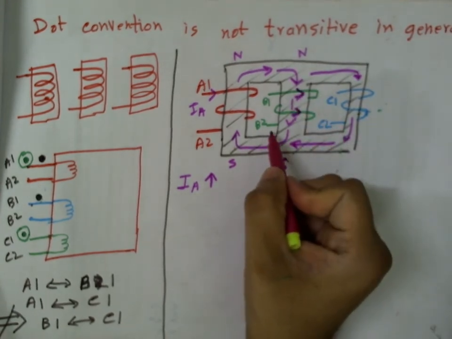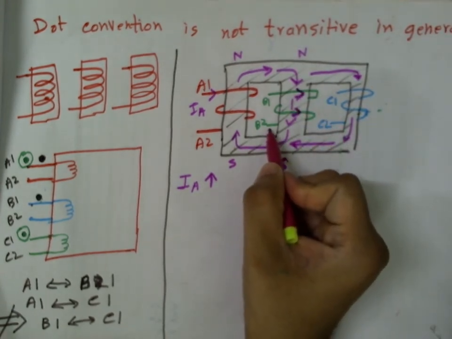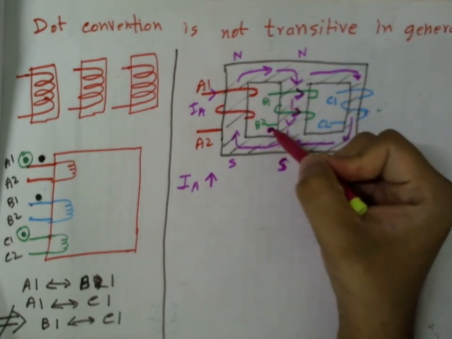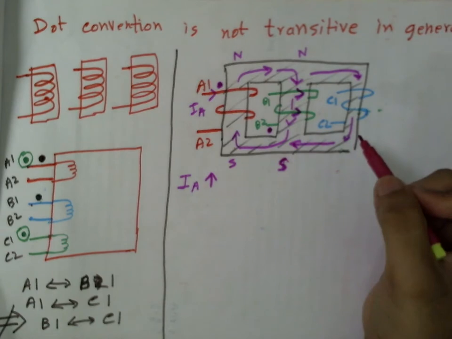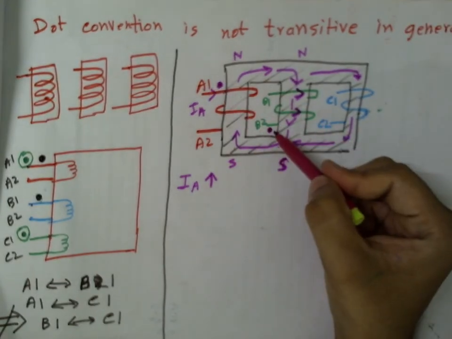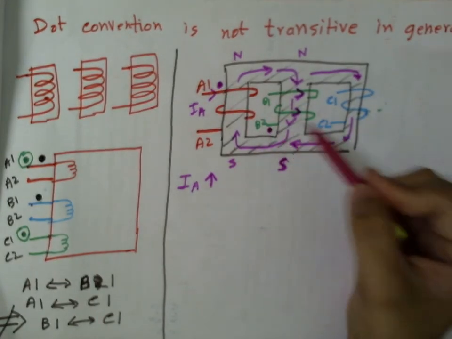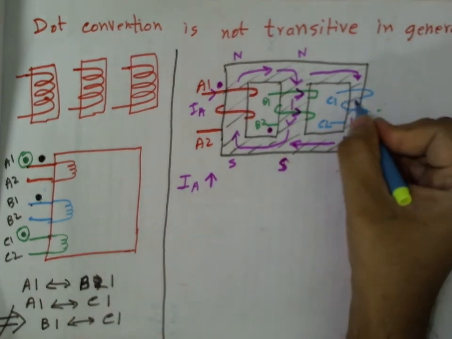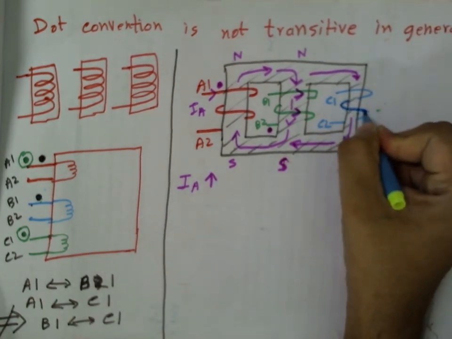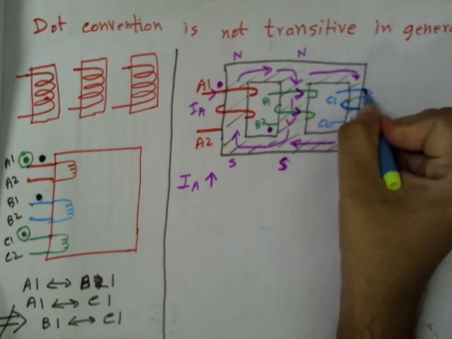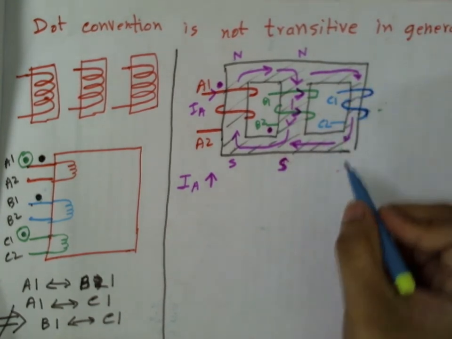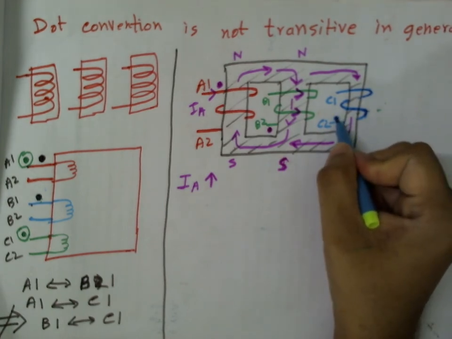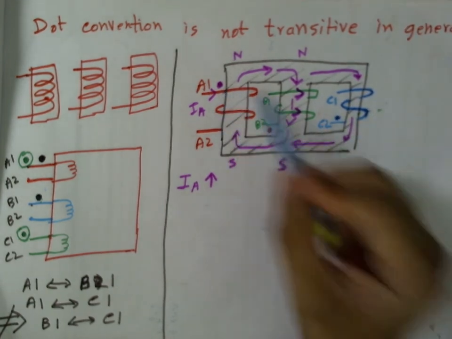That means it will try to drive a current in this direction, right? Okay, so this side will be plus and this side will be minus. So I put a dot here along with this, right? So these two sides share the same polarity. Now here again, if I do the same analysis, I'll find that this side C2 should be positive when A1 is positive.